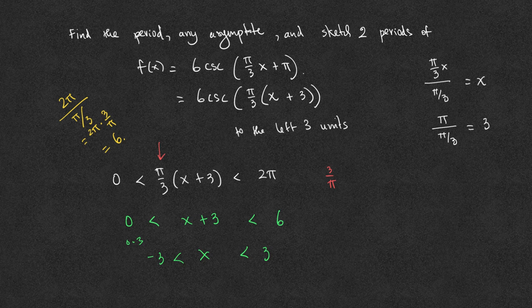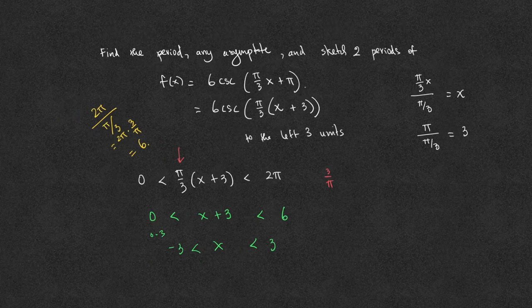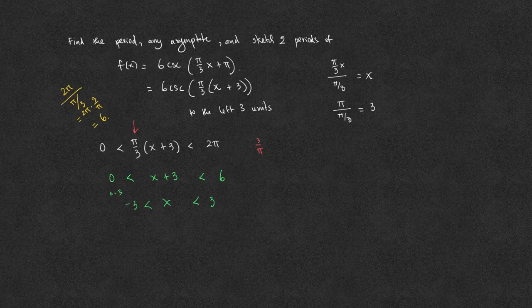Regardless, the length of one complete period is 6. Thus, one complete cycle of this function lies between negative 3 and 3. Remember, there is another vertical asymptote between these two.